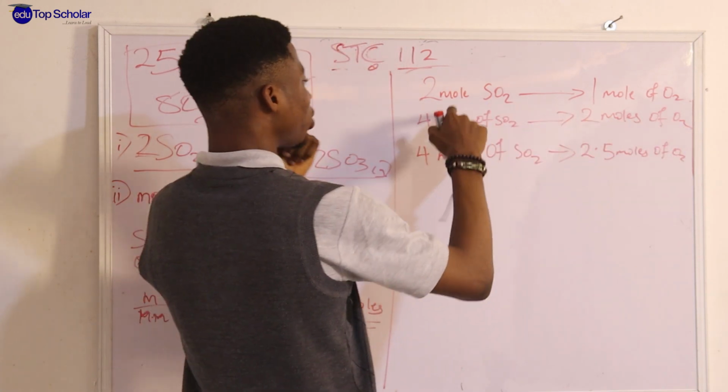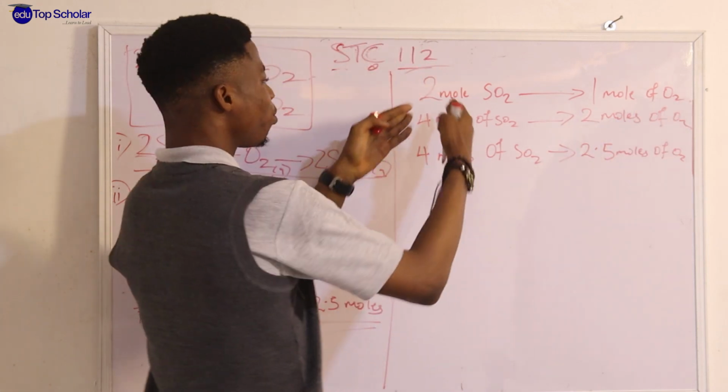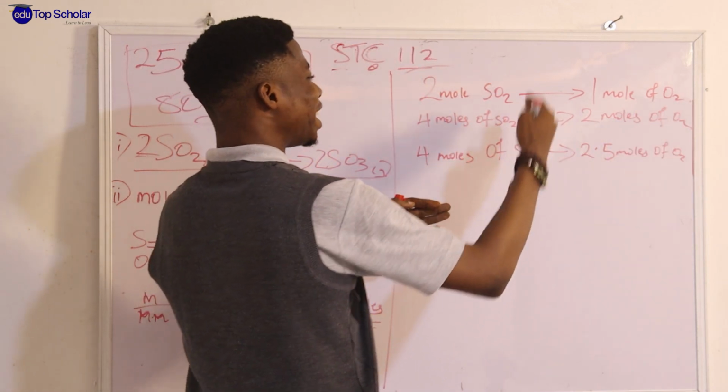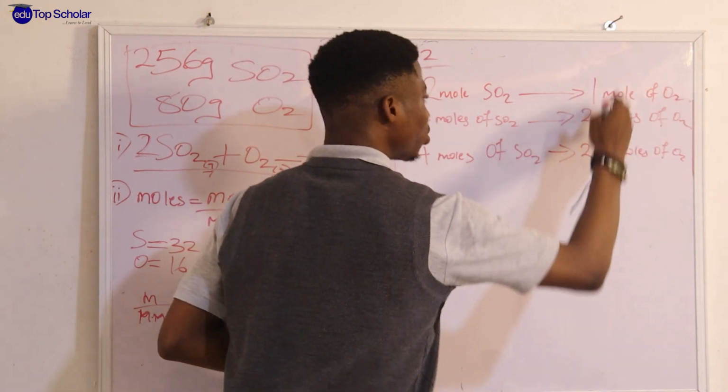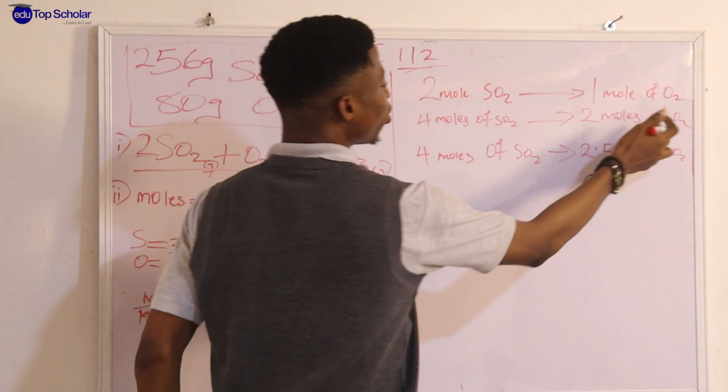According to the equation, 2 moles of SO2 require 1 mole of O2. So a given number of moles of SO2 requires half as many moles of oxygen to react. Now we have 4 moles of SO2 reacting with 2 moles of O2.